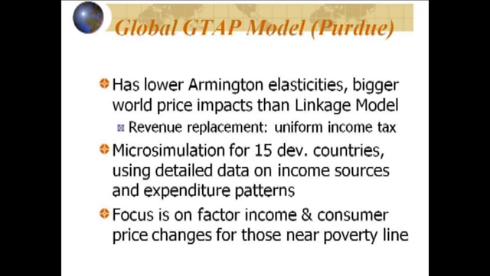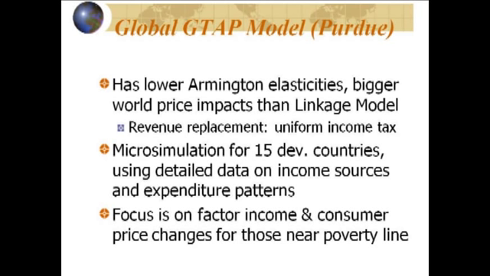And importantly here, it's not just what happens on the expenditure side, as in all these models. What often matters more than what happens on the expenditure side is what happens on the income earning side. So factor incomes are very important for households near the poverty line. So here are the results.